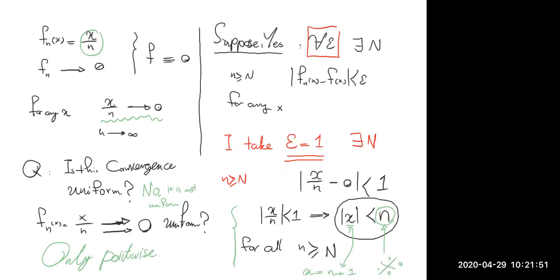So in some sense, uniform convergence is very fast convergence, or very controlled convergence. You can always control the distance between the function Fn and f at all points in the domain at the same time.